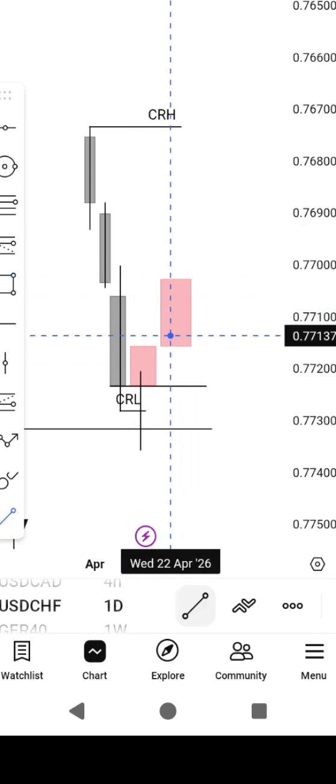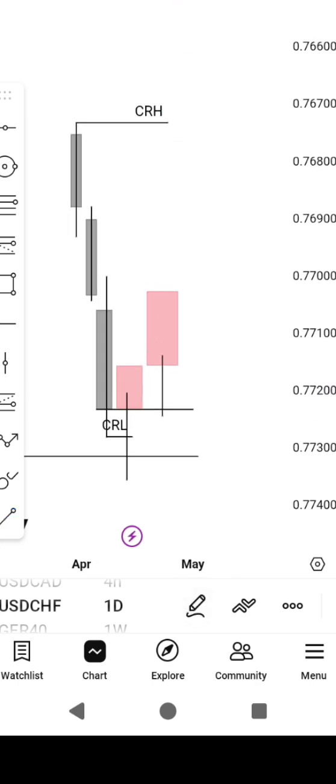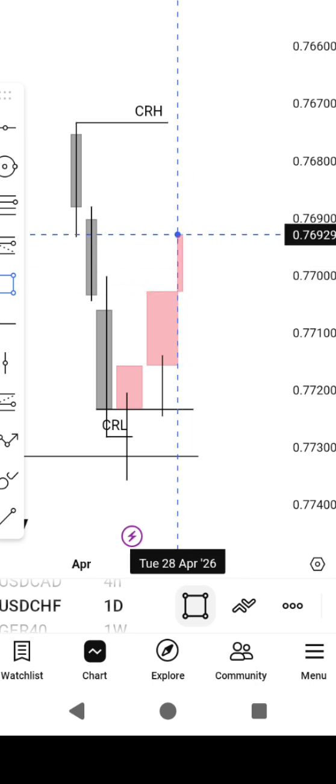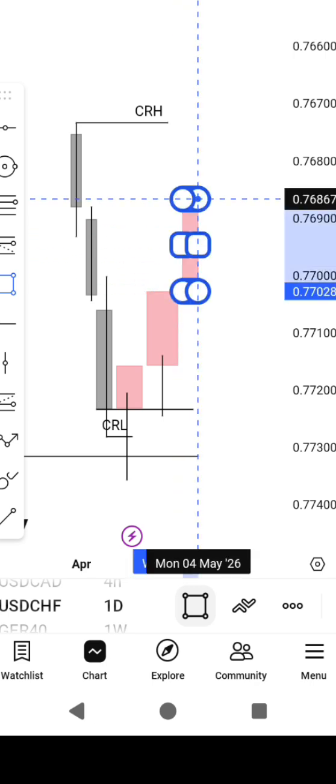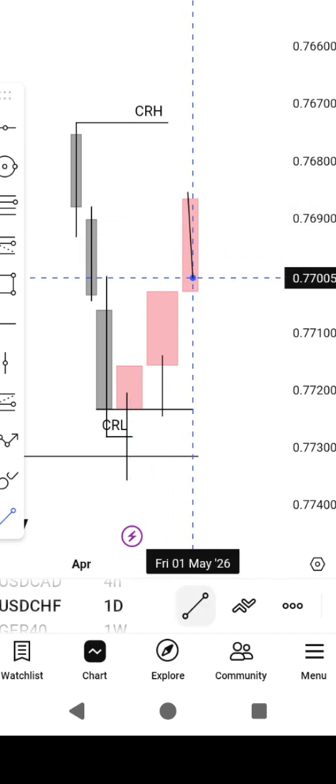So price opens, taps lower, maybe into a key level, or we have a structural shift, then begin to have that push to the upside.